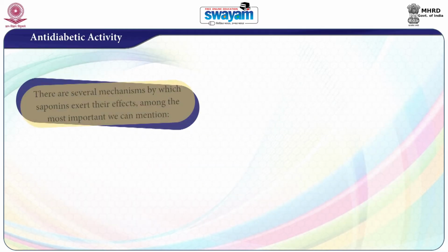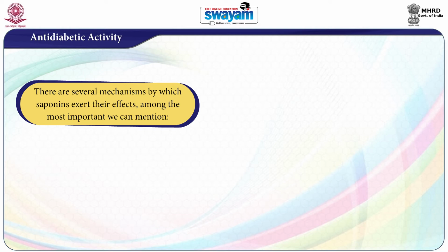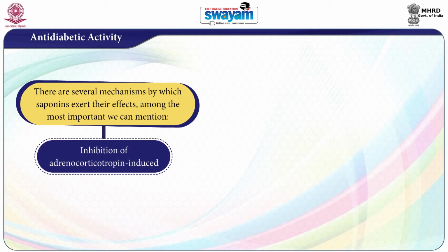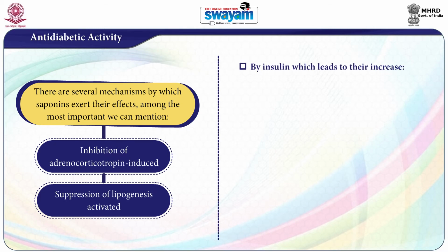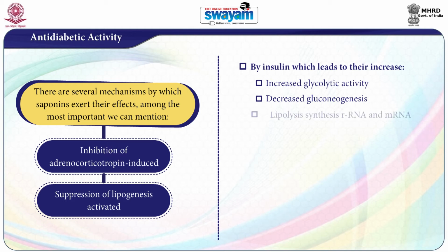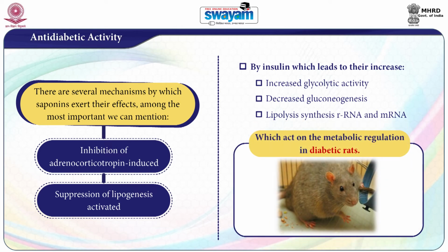Antidiabetic activity. There are several mechanisms by which saponins exert their effect. Among the most important, we can mention the inhibition of adrenocorticotropin-induced suppression of lipogenesis activated by insulin, which leads to increased glycolytic activity, decreased gluconeogenesis and lipolysis, and synthesis of rRNA and mRNA, which act on metabolic regulation in diabetic rats.